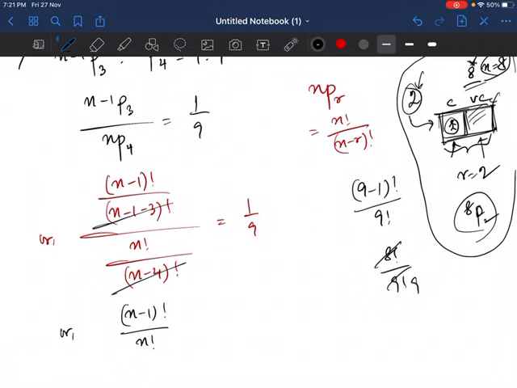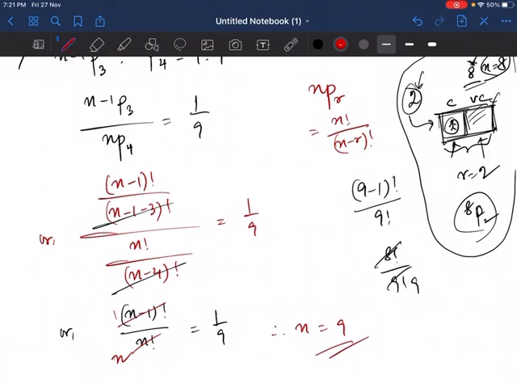So (n minus 1) factorial divided by n factorial, we can cut them and we have n. Therefore 1 by n is equal to 1/9, so n is equal to 9. That's how we get to the answer.